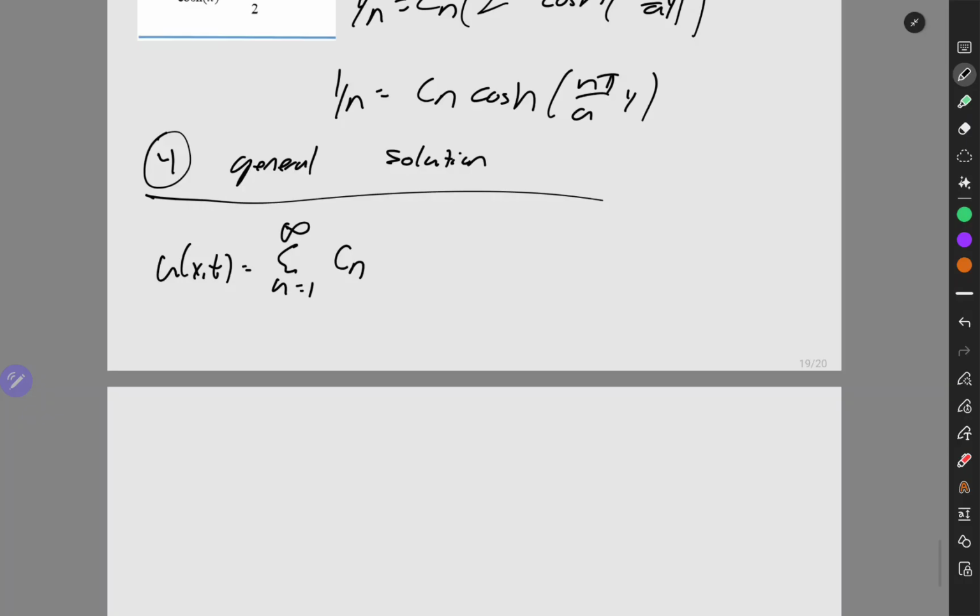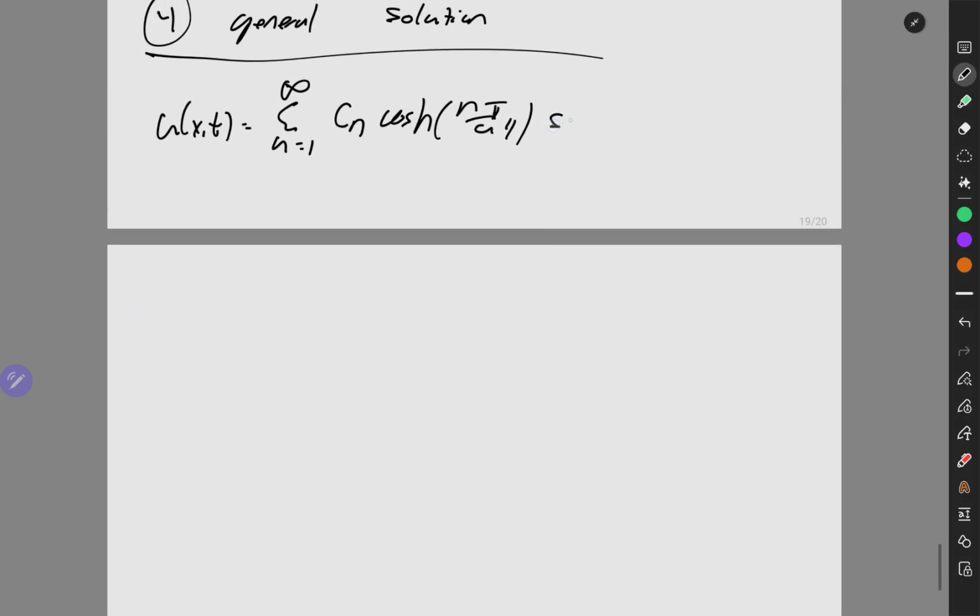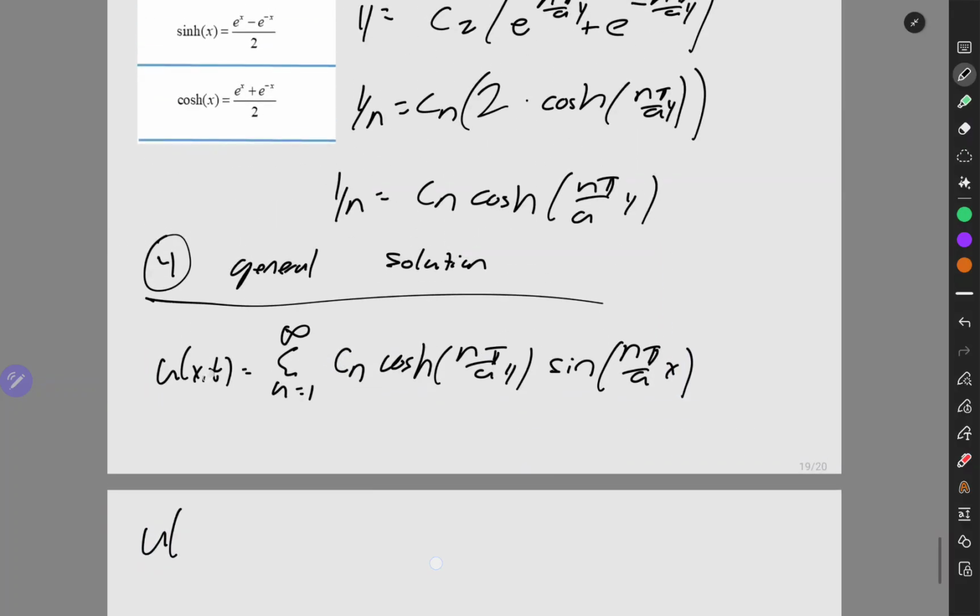Times cosh, and then we have sine, sorry, n pi over a times x. Now, I don't know why I have a t there. So y.